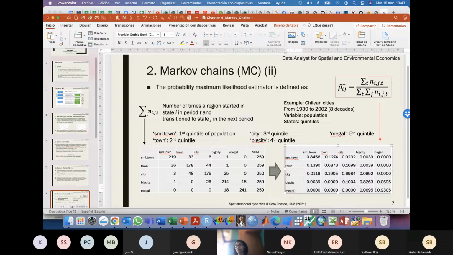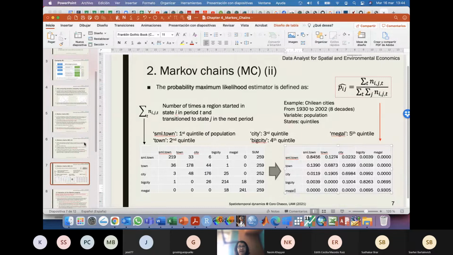If you start being a megalopolis, perhaps you can end up being a big city with 7% probability, but the rest, 93%, corresponds to the same class, because most frequently a megalopolis is not going to lose so much population as to jump down to the class just before. And this is how we should interpret these results.